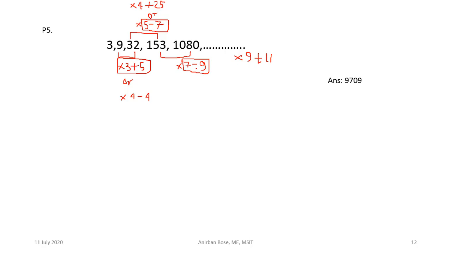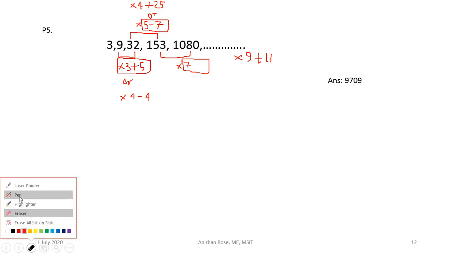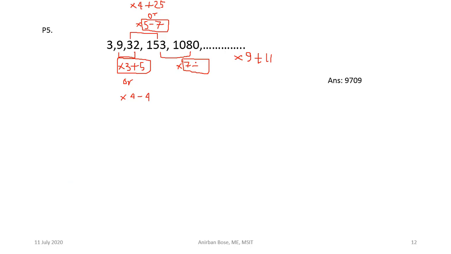Okay, sorry, I made a mistake here. You just correct it. Here it is plus 9. Sorry, this is into 7 plus 9.